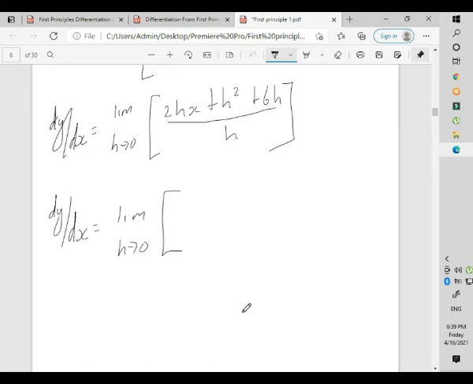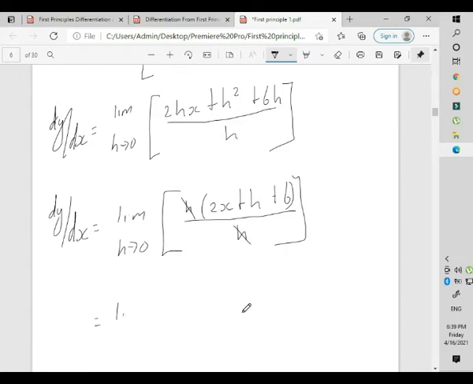What's common in the numerator? h, leaving me with 2x plus h plus 6, which is being divided by h.